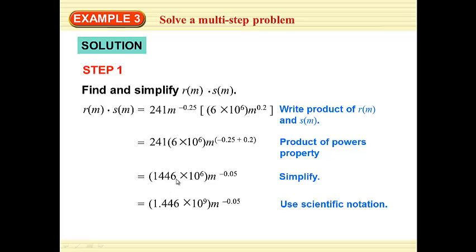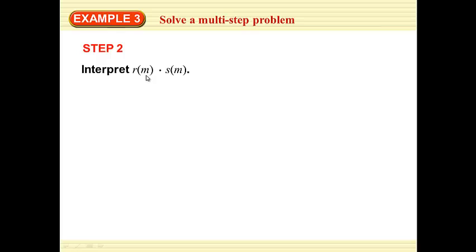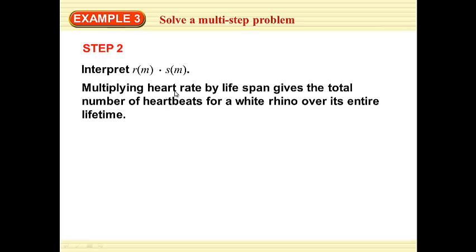Okay, and then they move the decimal 3 spots over, added 3 to the power like we did before when we talked about scientific notation. Okay, now what does R of M times S of M represent? The heart rate times the lifespan would equal the number of heartbeats in a lifespan.